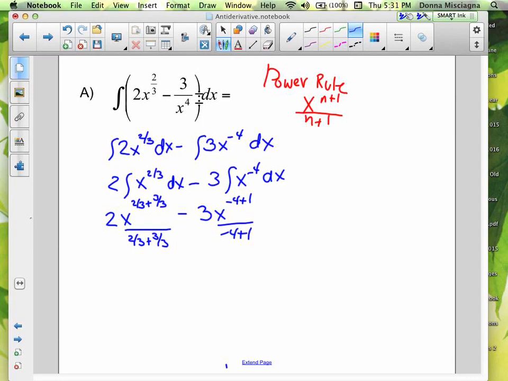So you notice that when you're using the power rule, whatever the new exponent is, it's the exact same thing you divide by. Those two things are going to match. And then plus our constant.